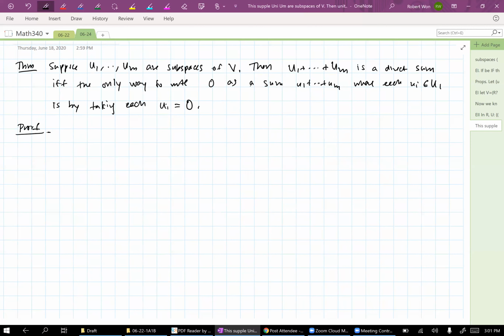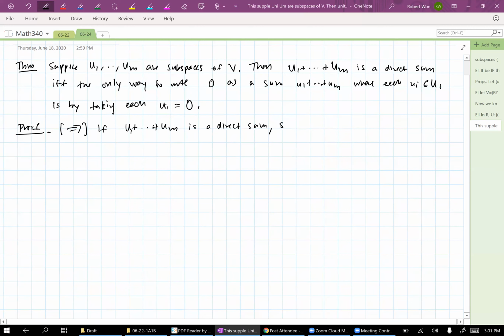Okay, so let's do this direction. So if this is a direct sum, then by definition, since 0 is in here, there's only one way to write 0 as u1 plus u2 plus up to um, where each ui is in Ui.